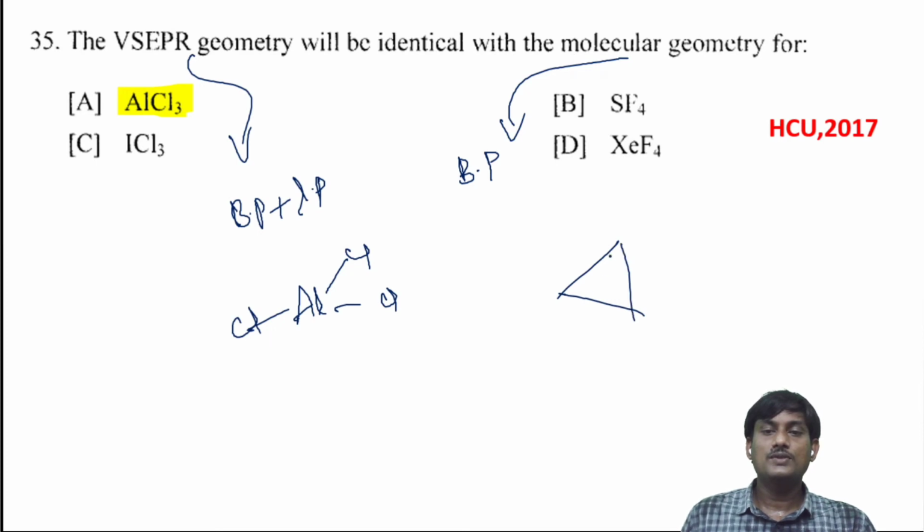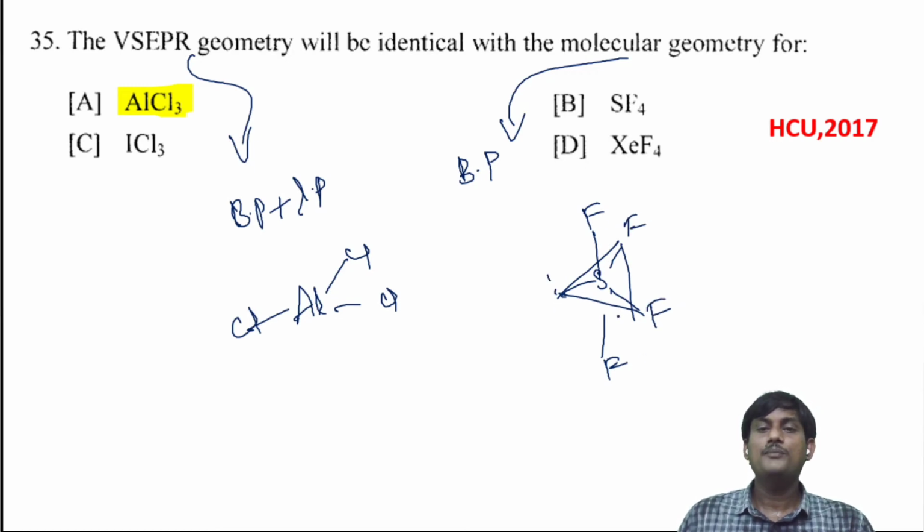This is the structure you will get. This is the S, F, and F, and this one F. This one has a lone pair of electrons, seesaw. The molecular geometry is seesaw, but the VSEPR geometry is trigonal bipyramidal.